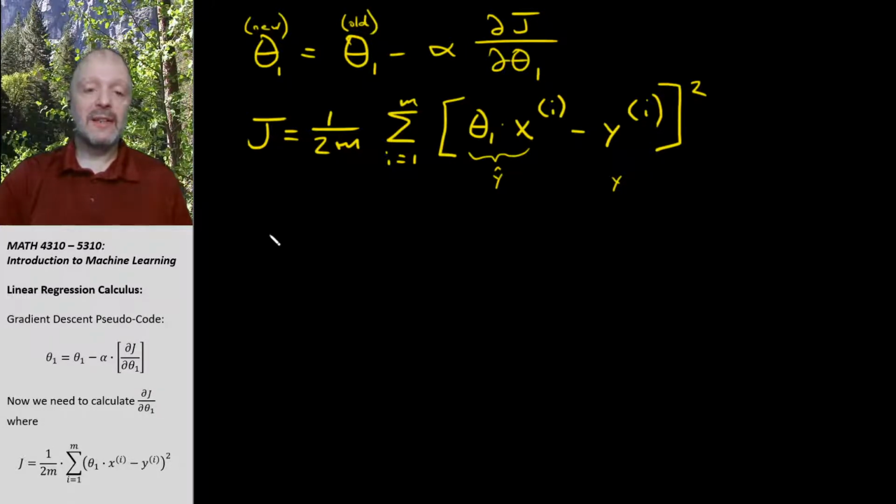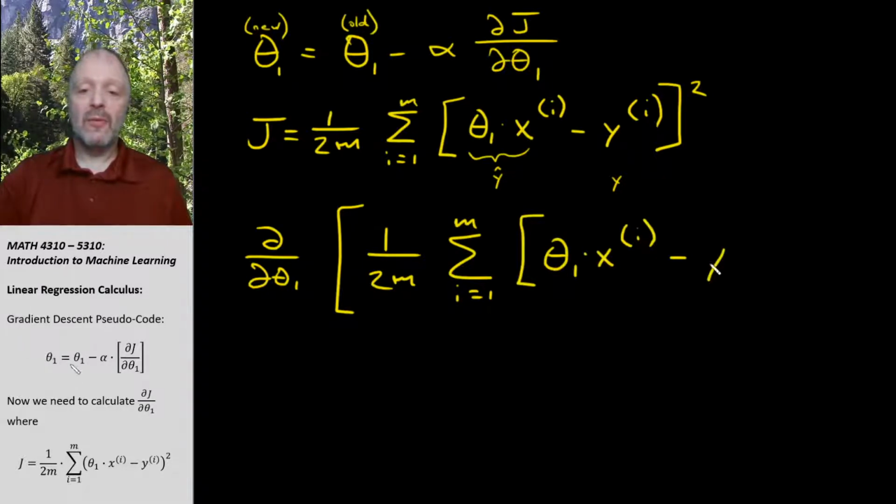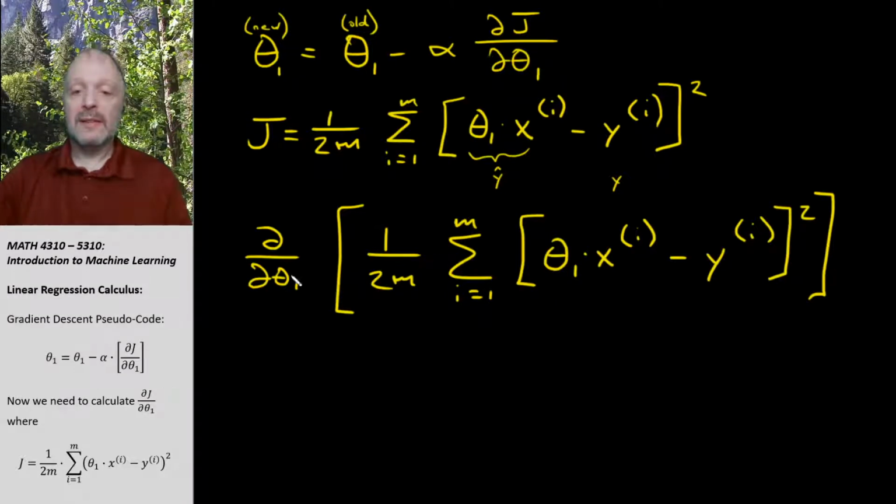Okay? So I'm going to write that out. Partial of theta 1, big bracket, 1 over 2m, summation i from 1 to m, bracket right there, theta 1 x_i minus y_i, quantity squared. Okay? So the partial of all this with respect to theta 1. First thing, I can take this 1 over 2m completely out because it's not dependent on anything.